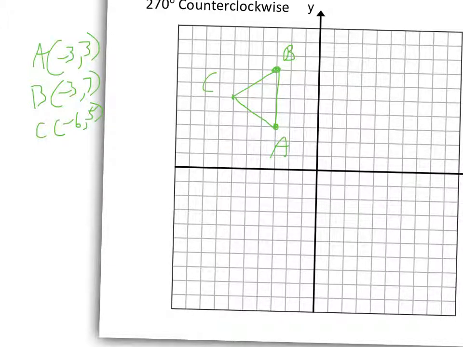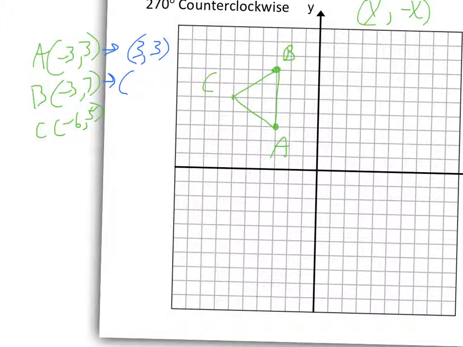Well, for a 270, our rule says that y becomes our x, and our x becomes our y, but we make it negative. So our y becomes our x, and our x becomes our y, but we change the sign, so we end up with 3, 3.